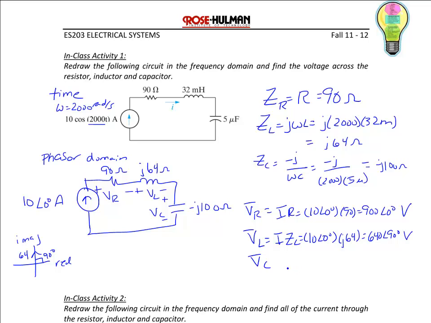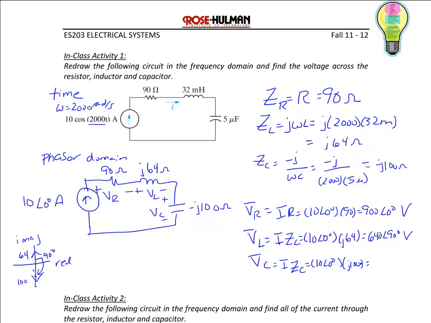The voltage across the capacitor would be equal to I times ZC, which is 10 with an angle of 0 degrees. Now the capacitor is negative j100, so that represents a vector that points straight down the imaginary axis with a magnitude of 100, or that would be the same as 100 with an angle of negative 90.